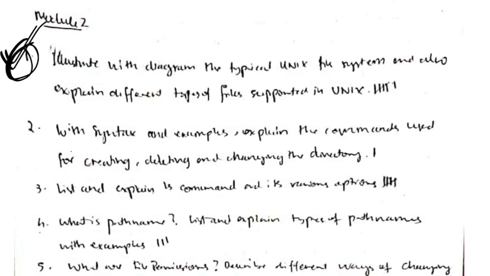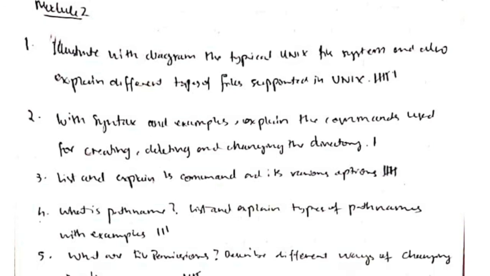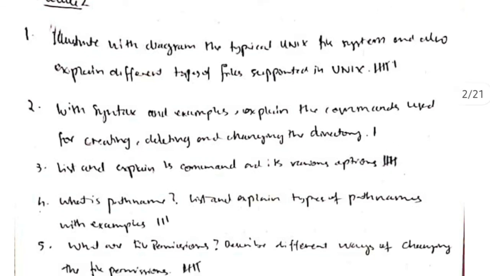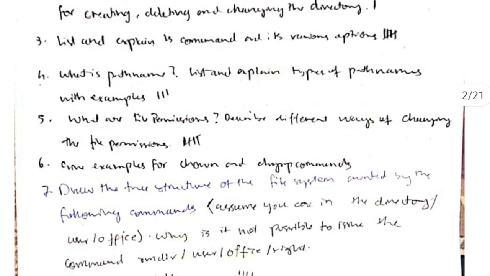The second one is: with syntax and examples, explain the command lines used for creating, deleting and changing a directory. Since it's repeated only one time, it's not that important, but we have still discussed this in the first or second module. And this is very important, which is the ls command. The ls command is repeated a lot of times, so we discussed that in the first and second module also. The path name is also important.